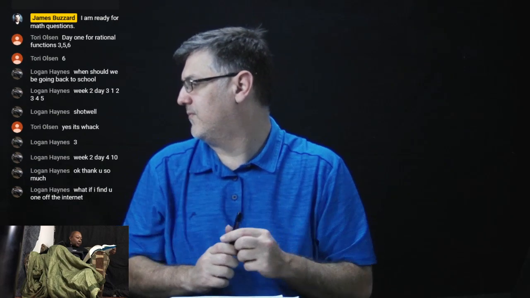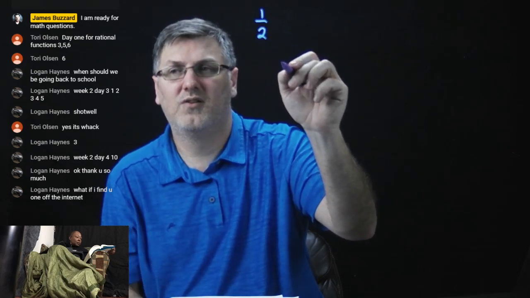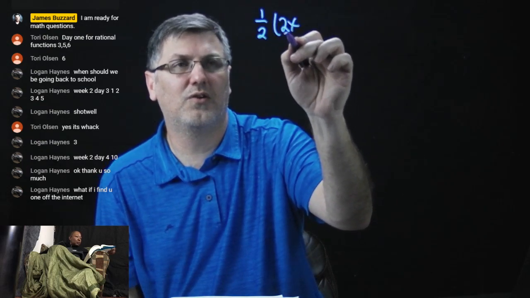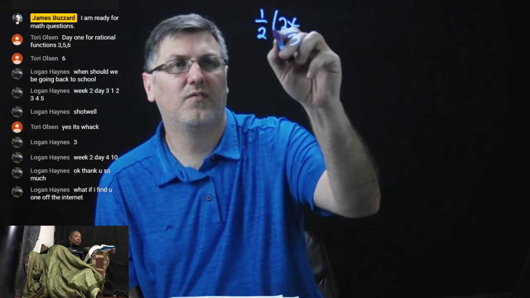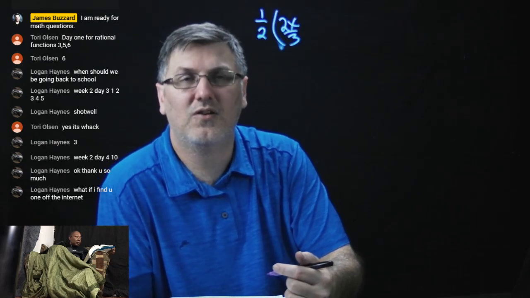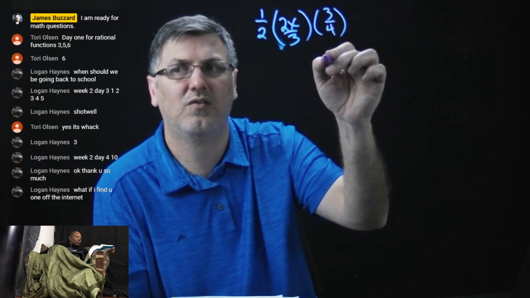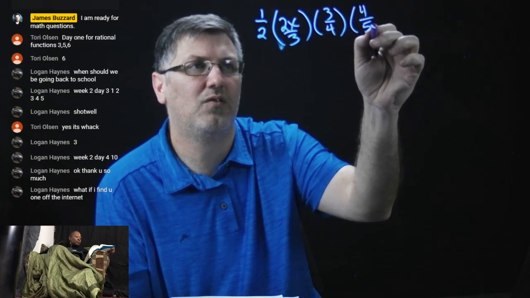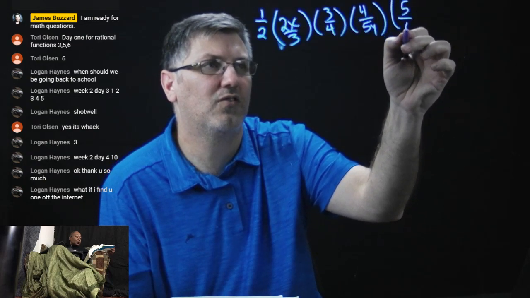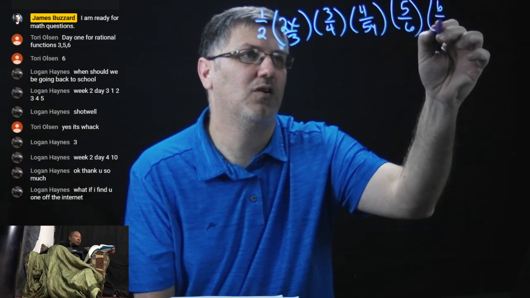What's the problem? One half, 2x over 3, times 5 over 6, times... And they tell you to solve it?